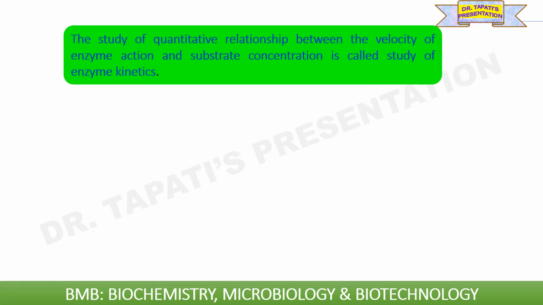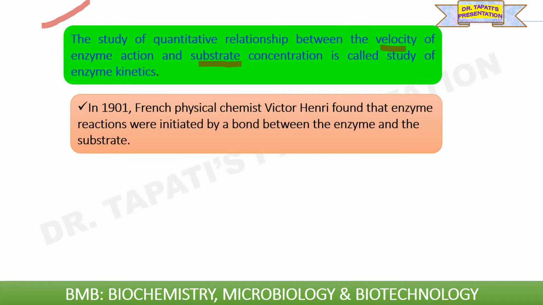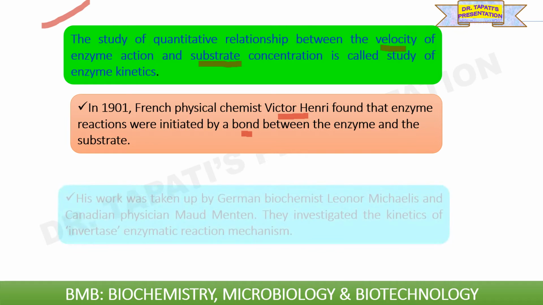The study of the quantitative relationship between the velocity of enzyme action and substrate concentration is called the study of enzyme kinetics. In 1901, French physical chemist Victor Henry found that enzyme reactions are initiated by a bond between enzyme and substrate.